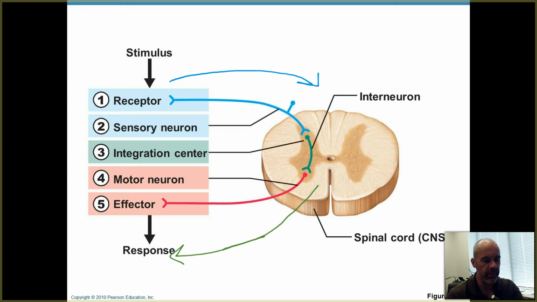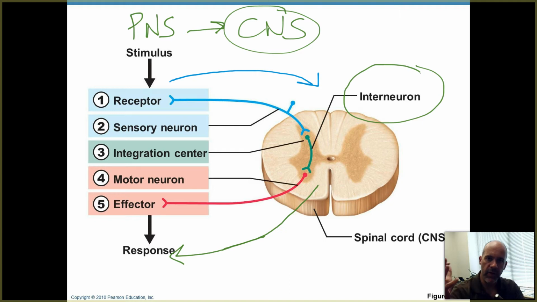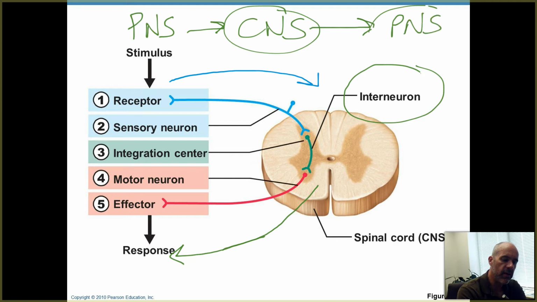The central nervous system has to process that, so bridging the two, you have interneurons. Incoming information travels up the PNS to the CNS. The CNS has lots of communication between neurons. Then your central nervous system makes decisions about responses, effects that need to take place, like contracting muscles, a gland needing to secrete, things like that.